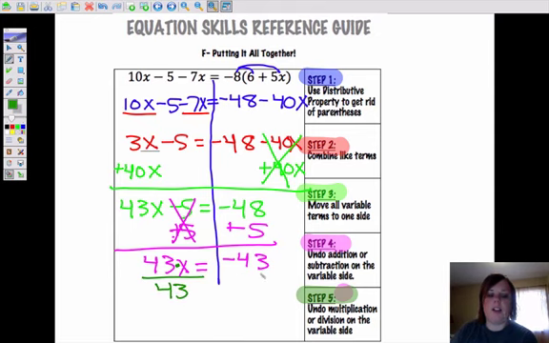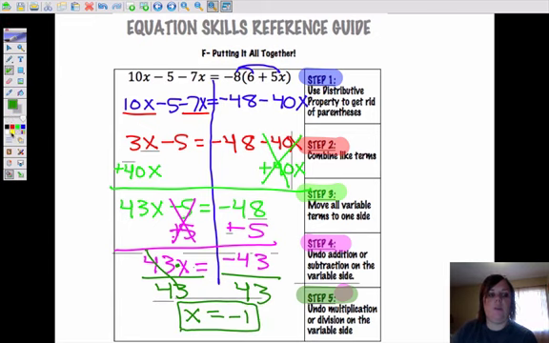I do it to the left side, I also have to do it to the right side. I am left with x, those cancel out, is equal to negative 43 divided by a positive 43, which gives me a negative 1. So my answer is x is equal to negative 1.